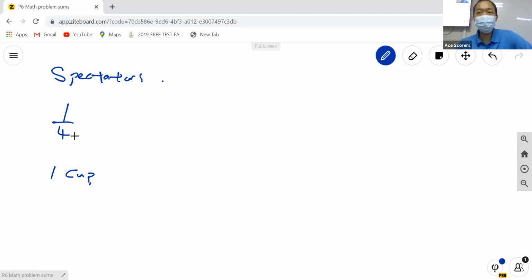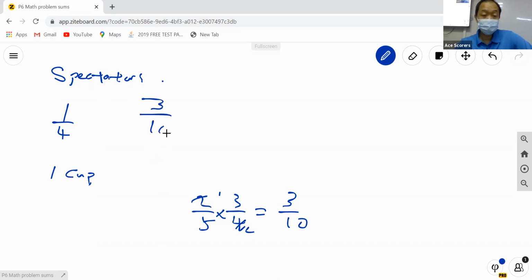So what is the remainder? 3/4. So I want to find what's 2/5 of the remainder. So 2/5 times 3/4. What do I get? You can use a calculator. 3/10. Cancel 1, 2. Yep, it's 3/10.